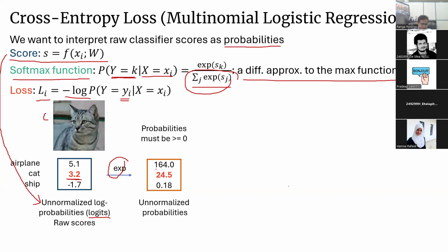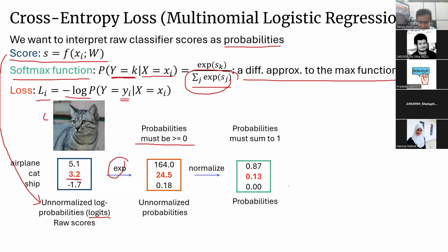So you can see here, for high scores, e to the power will give large values. For negative ones, e to the power will give very small numbers, but they all are positive. So converting to positive has happened due to this exponentiation. All probabilities must be greater than zero. So this is done, but they are not normalized because they don't sum to 1. To sum to 1, we add all of them and we divide. So you can see this has 0.87, 0.13, and this is 0. So these are the probabilities.